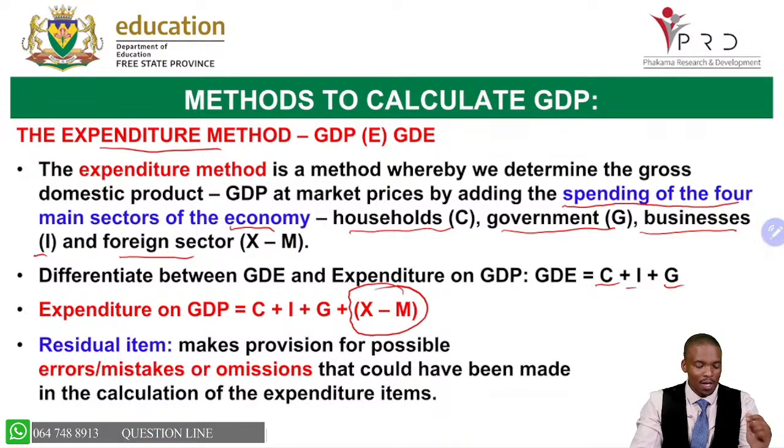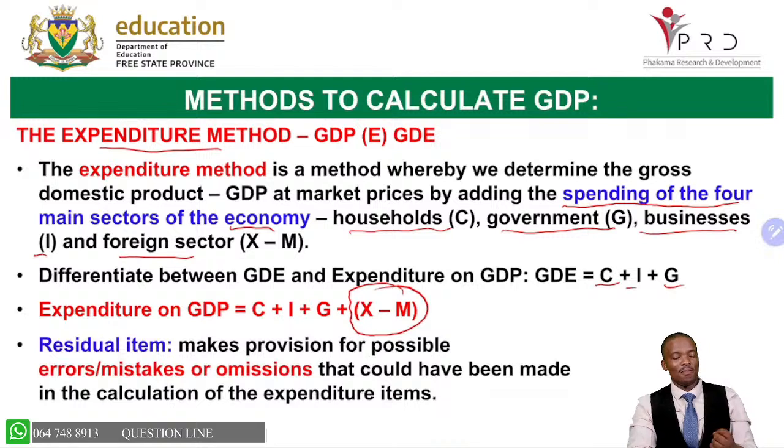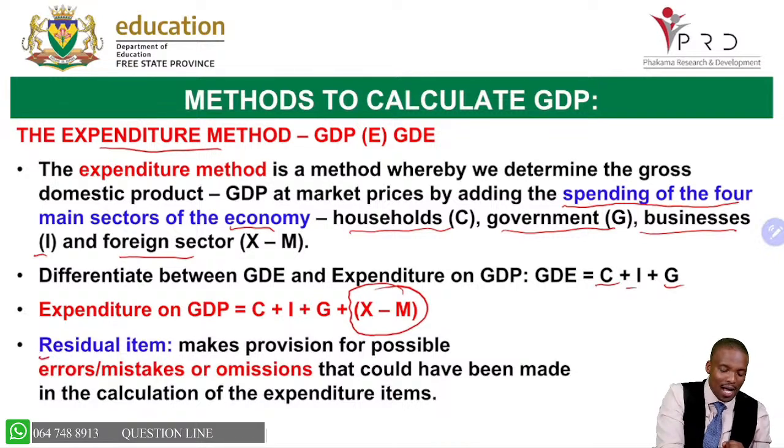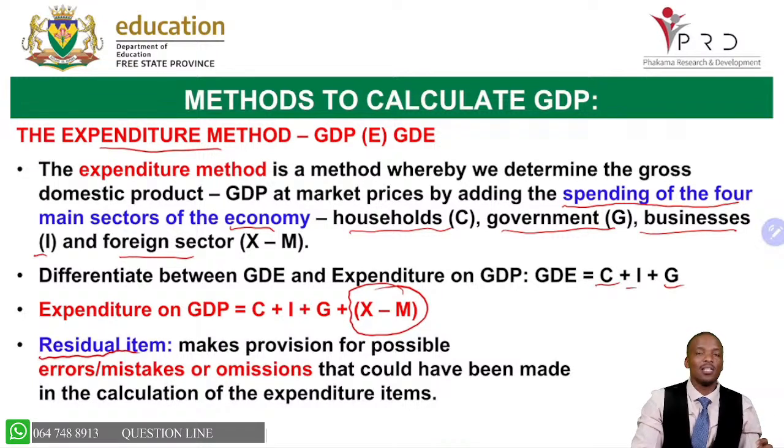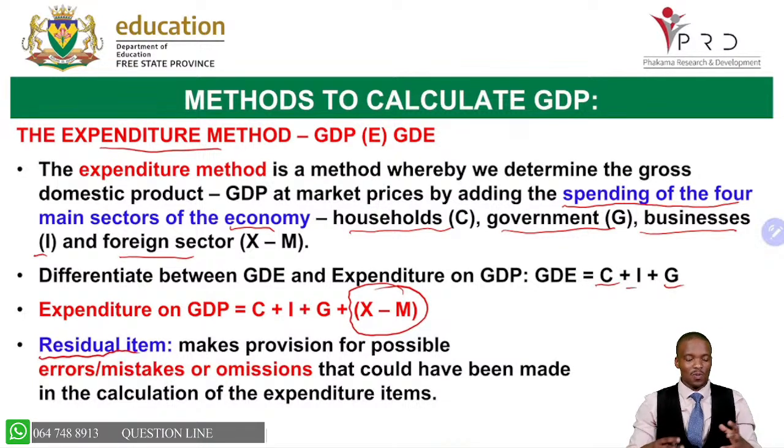Okay. Then there's this other item or name that is called the residual items. This one, it helps us to do what we call reconciliation. For those learners that usually do the commercial subject, there's what we call the reconciliation when we check errors and omissions so that everything can be balanced.